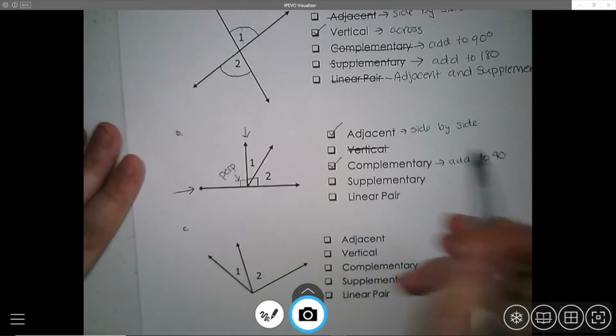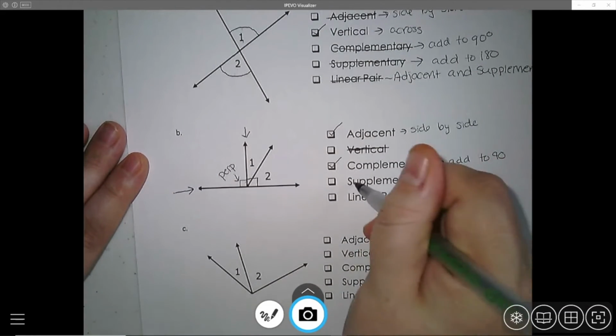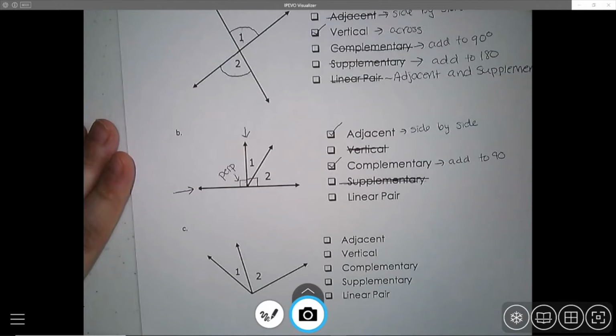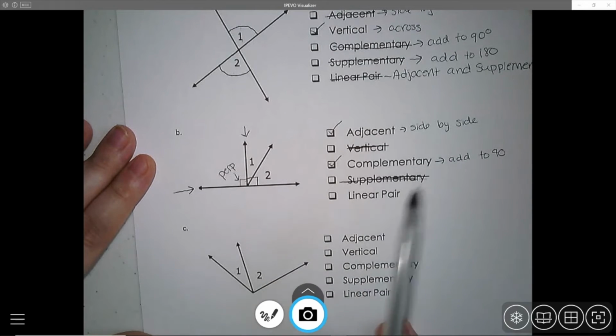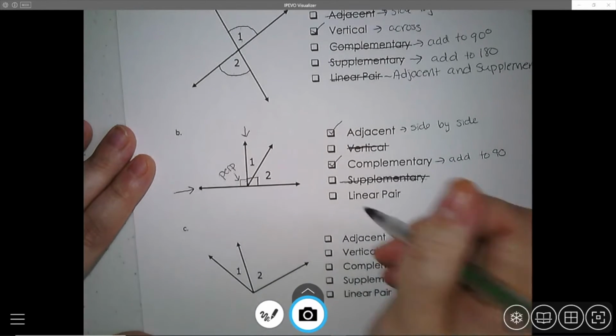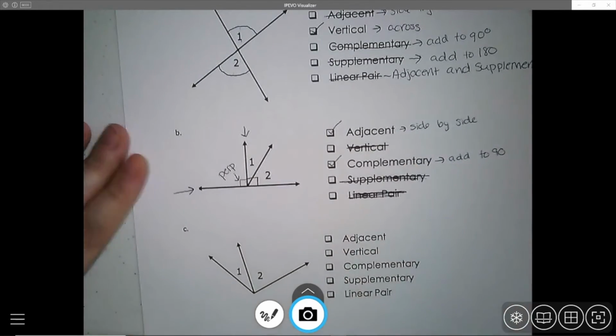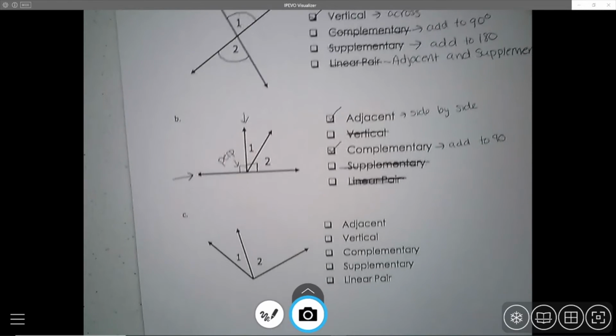If they're complementary, they can never be supplementary, because you can never have angles that add to 90 and also add to 180. And now, linear pair. It was adjacent, but it wasn't supplementary, so it's not a linear pair. For you to choose a linear pair, it has to be adjacent and supplementary.